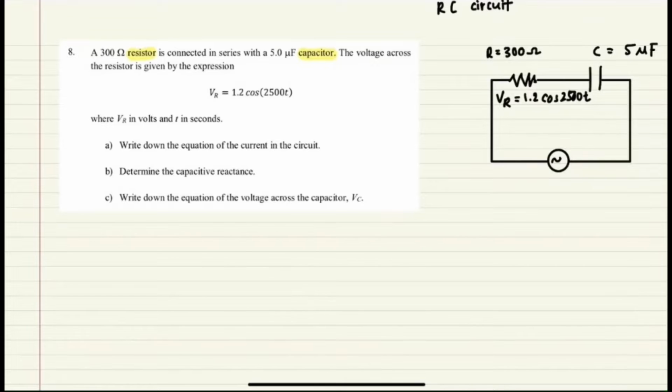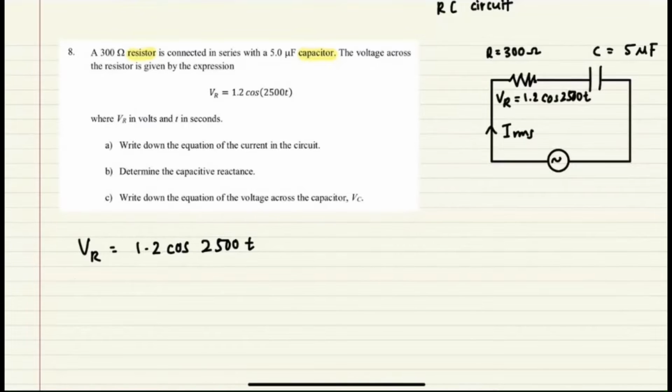Question A, write down the equation of the current in the circuit. Basically the current in the circuit is the same. It has no different values, just one value, because it is in series. So if I want to compare the equation of V, VR equals 1.2 cos, as given.